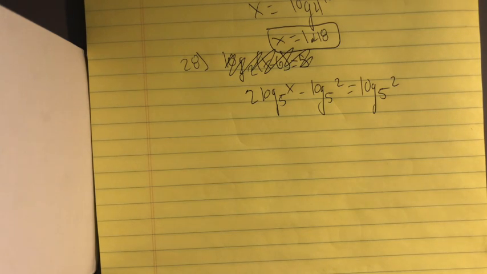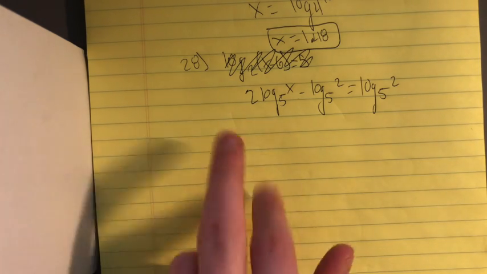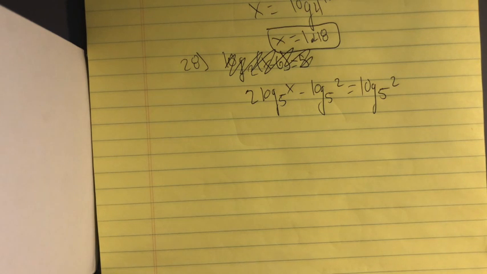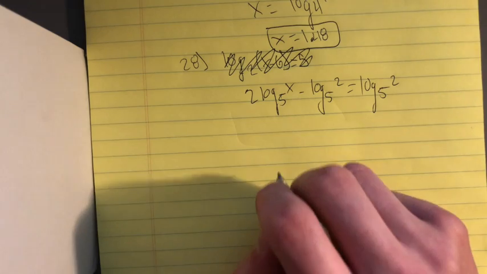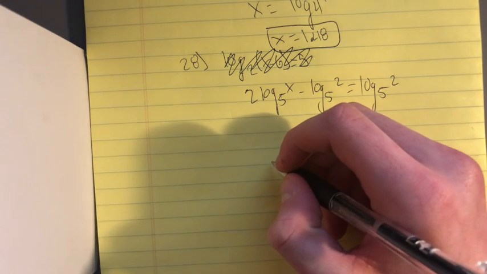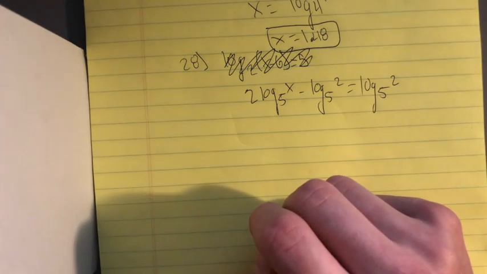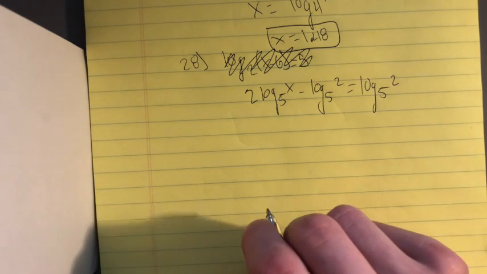So it's, let's see, why is that? In the notes it's not like this. Geez, this is a little tricky. We just get rid of the logs because they're on both sides.